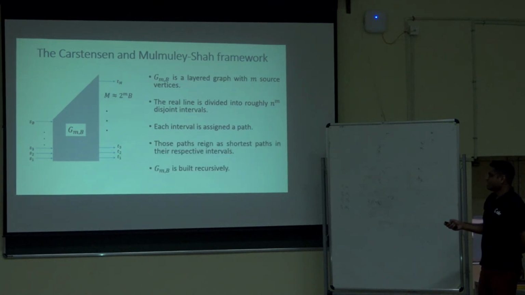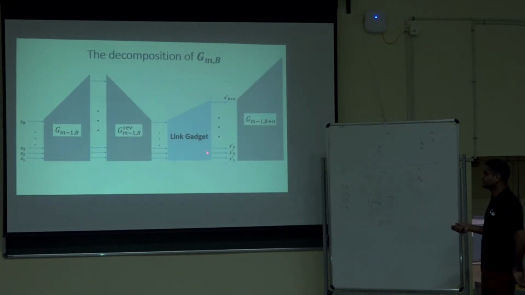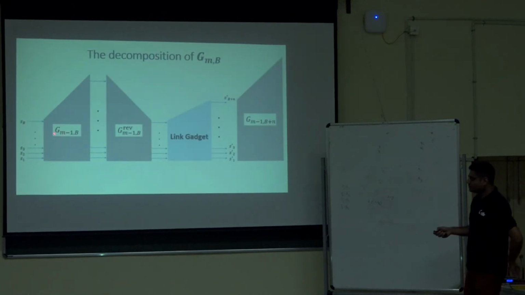And how this graph is exactly built is recursively. So let me describe the construction. At level m minus 1, what do these two numbers m minus 1 and b stand for? M minus 1 stands for the level of the recursion, and b stands for the number of input vertices. So we want a graph at level m, we will look at the graph at level m minus 1. All these 3 graphs are at level m minus 1.